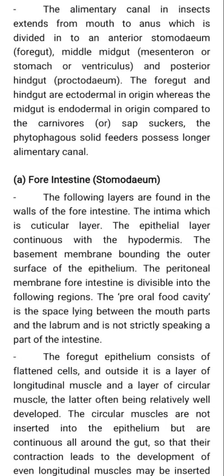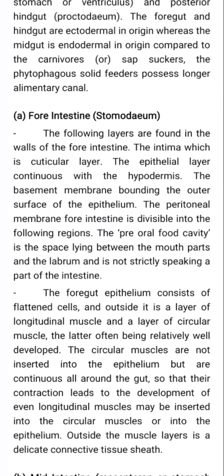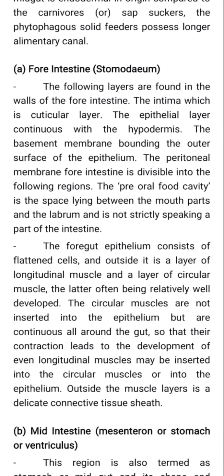The pre-oral food cavity is the space that lies between the mouth parts and the labrum and is not, strictly speaking, a part of the intestine. The foregut epithelium consists of flattened cells, and outside it is a layer of longitudinal muscles and a layer of circular muscle, the latter often being relatively well developed.